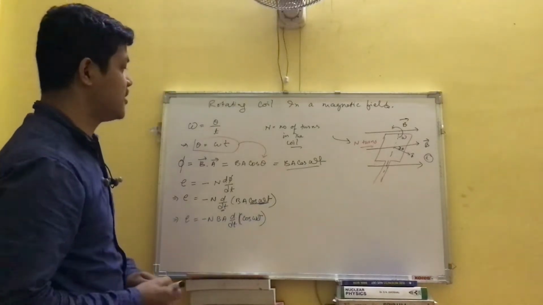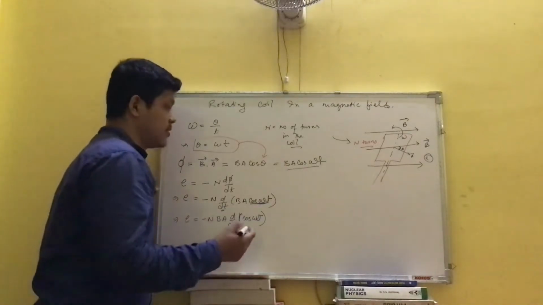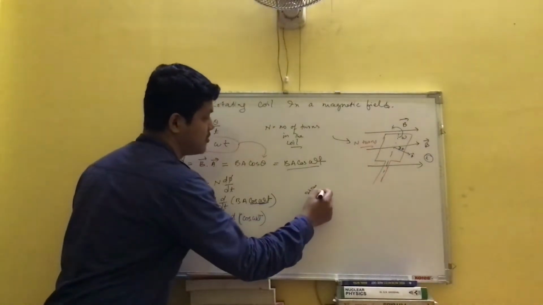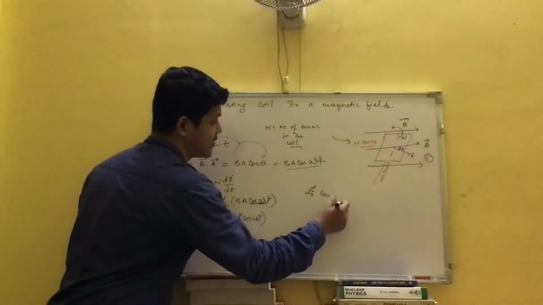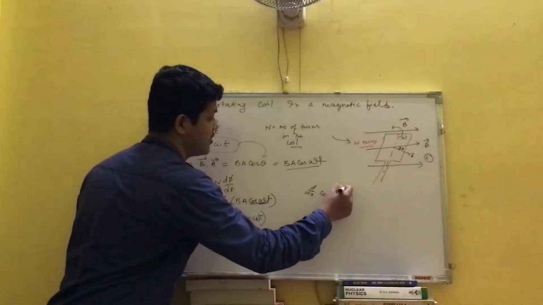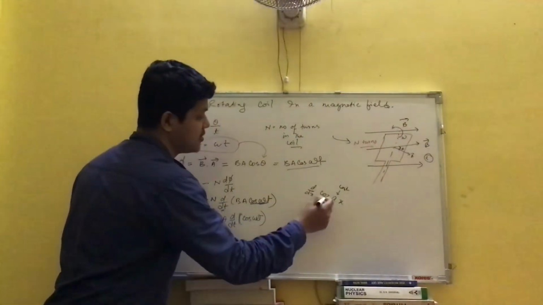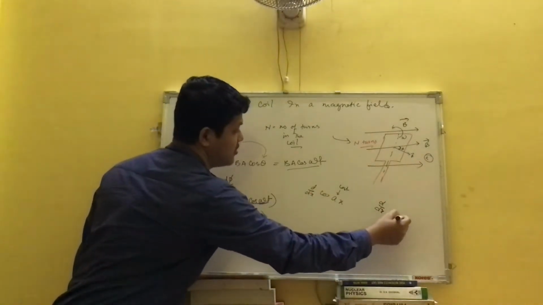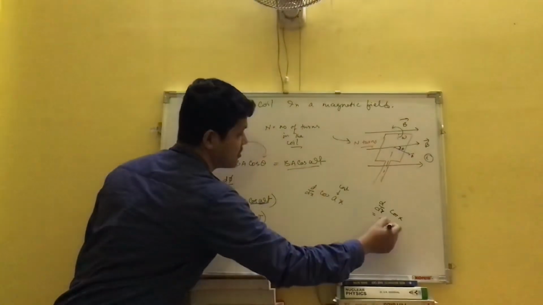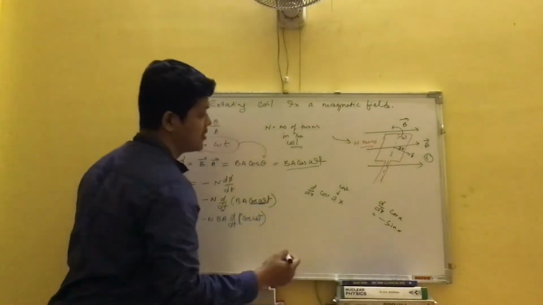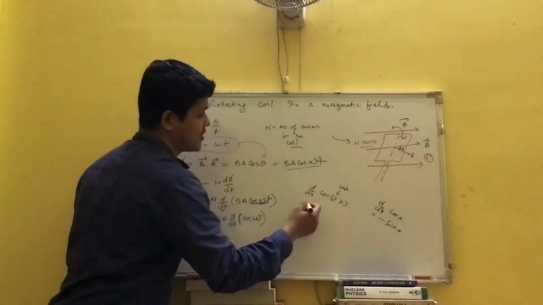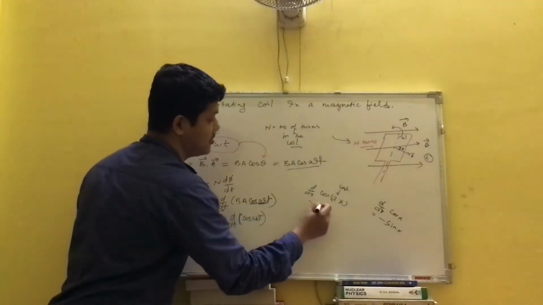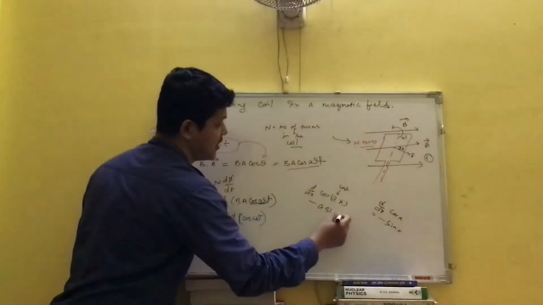Now in mathematics you have to learn differentiation. We know the derivative of cos x is minus sin x. If there is cos ax instead of cos x, where a is a constant, then it will be minus a sin ax.